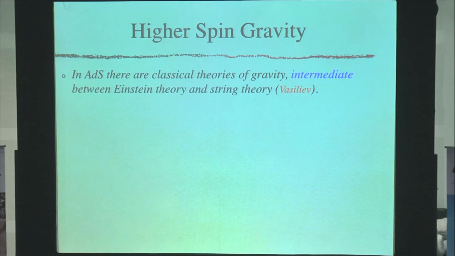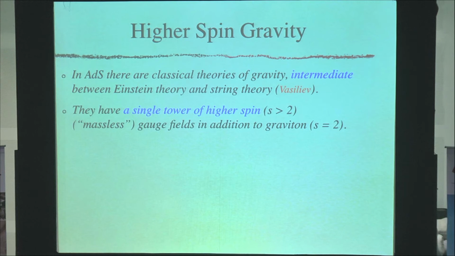String theory, of course, is an enormous enhancement of Einstein theory involving an infinite number of additional states. But there's something intermediate, and this is the theory constructed by Vasiliev. These have a single tower of higher spin fields. A higher spin field is basically, for the physicist or the mathematician, a symmetric rank S tensor. So they have a single tower of these higher spin fields.